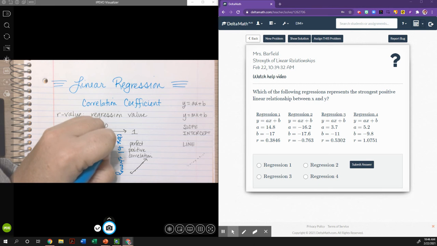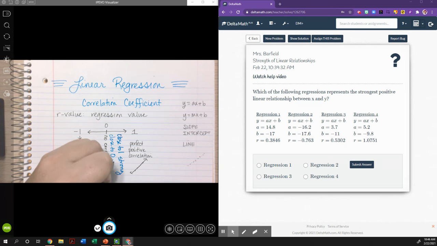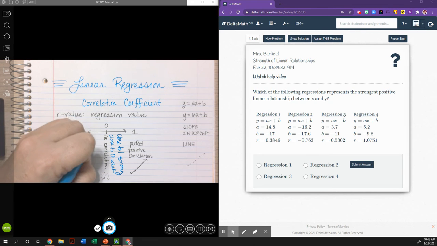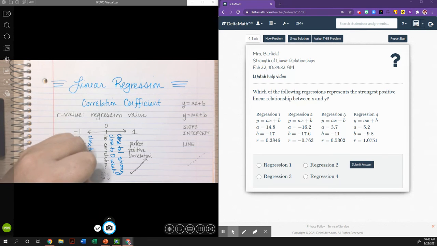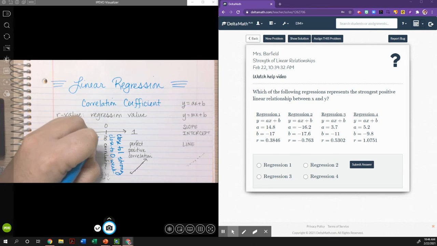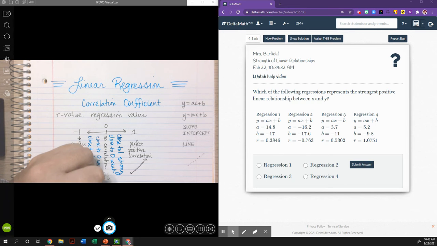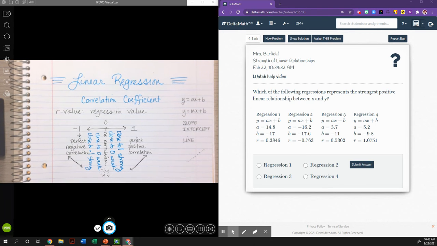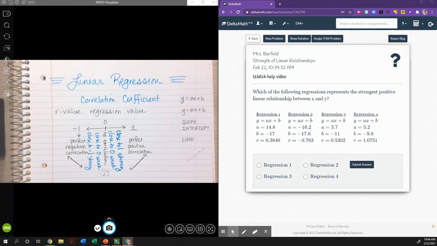If I'm close to 0, it's weak. The same effect goes on the negative side: if I'm close to -1, it's strong, and if I'm close to 0, it's weak. Let's look at our first example now.